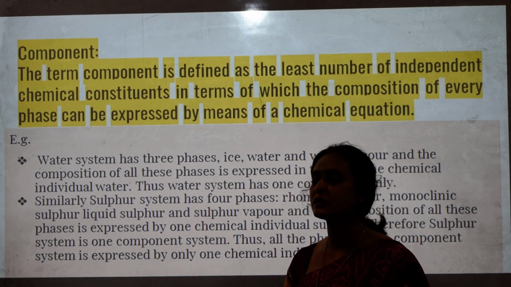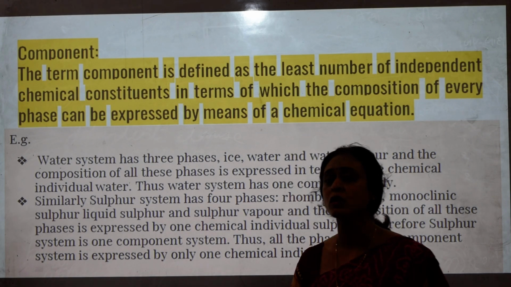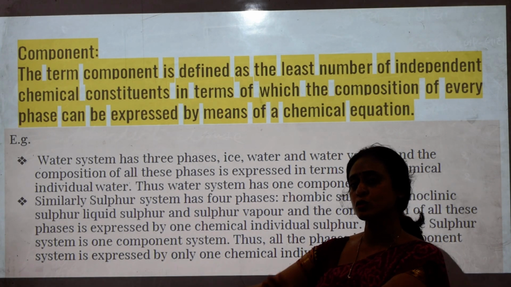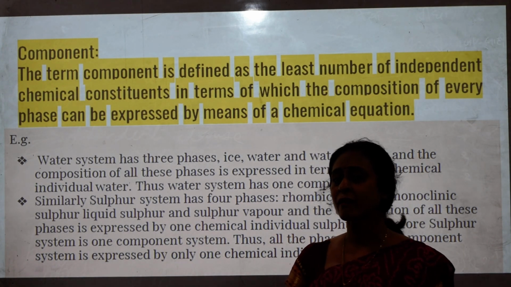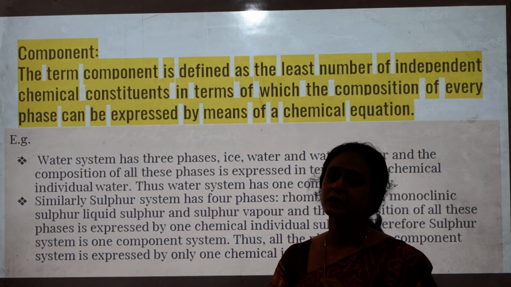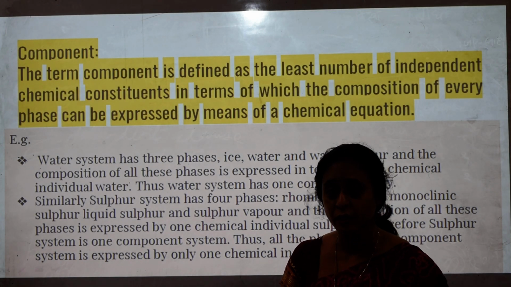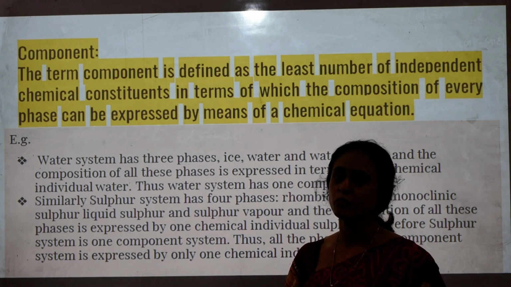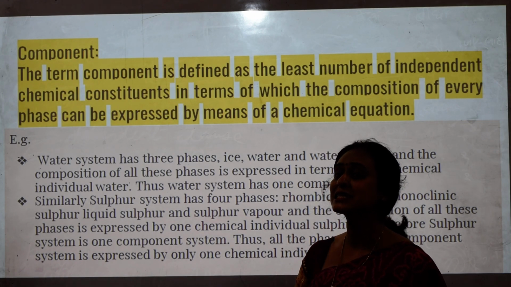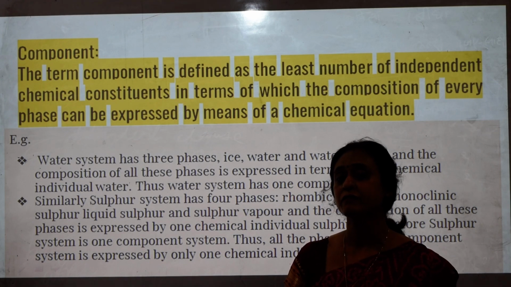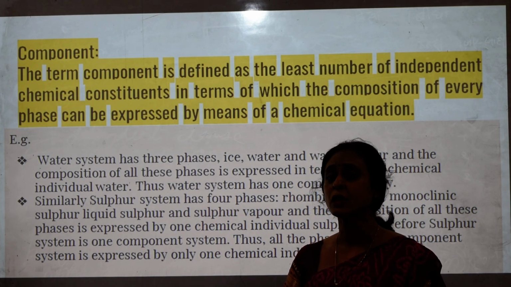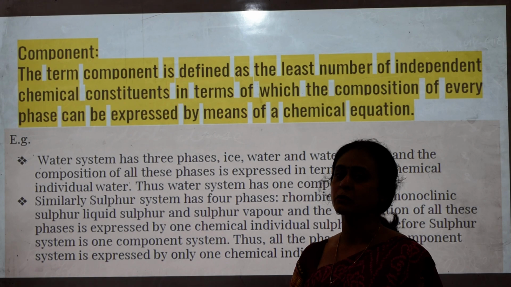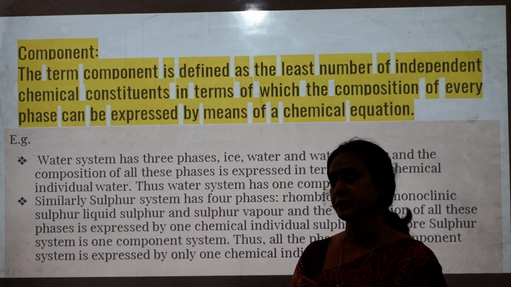But here the definition of component is not what the number of chemical constituent is about. हम ये नहीं कह रहे हैं कि इतने chemical identities हैं तो इतने component होंगे, but नहीं. In this particular phase rule equation, what the component is, least number of component which must be required to express that particular system is component.